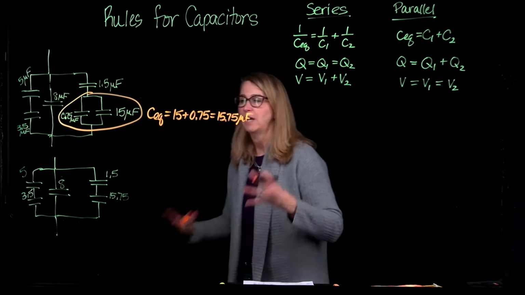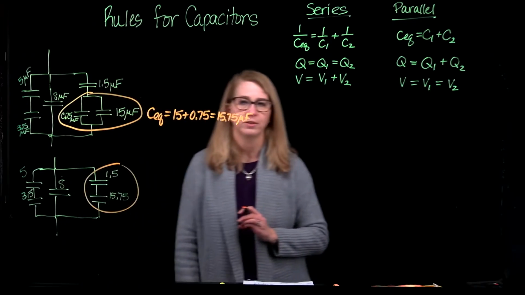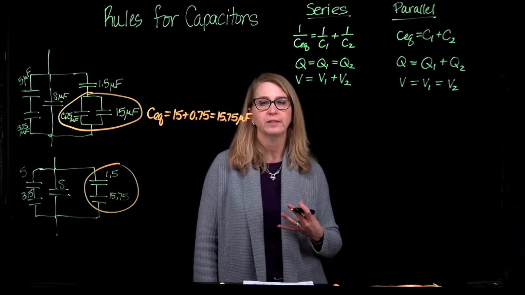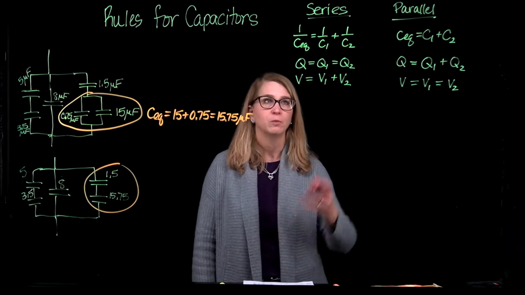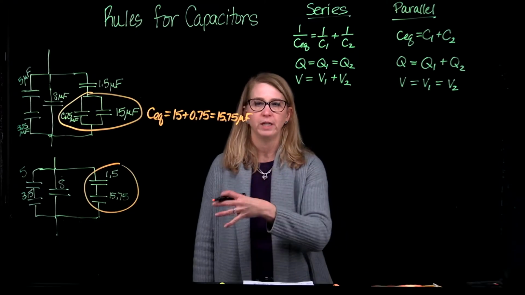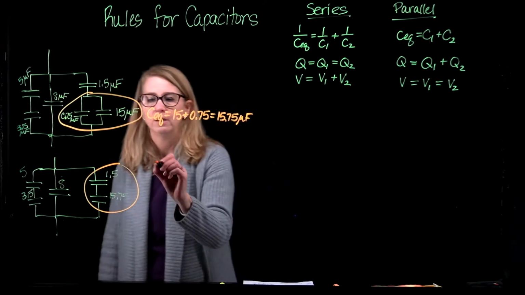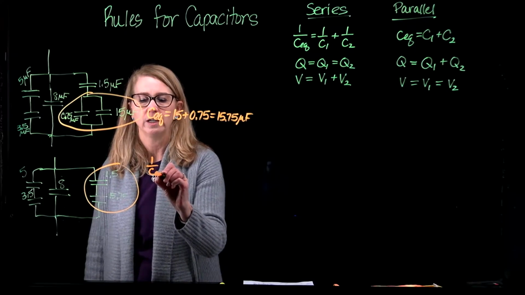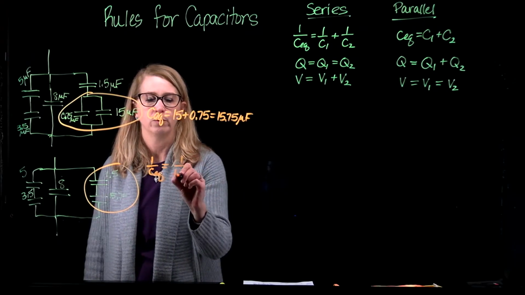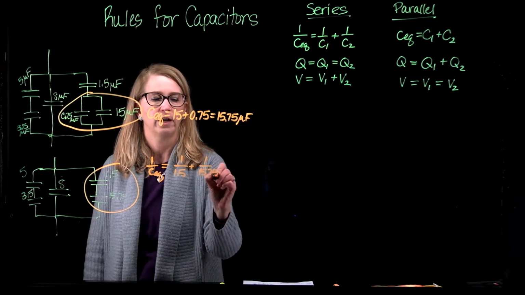And now I have two places where I have two capacitors that are in series with each other. So I'm going to add those together in the proper way using this rule and use that to replace those capacitors with a single capacitor. So 1 over the equivalent here is equal to 1 over 1.5 plus 1 over 15.75.